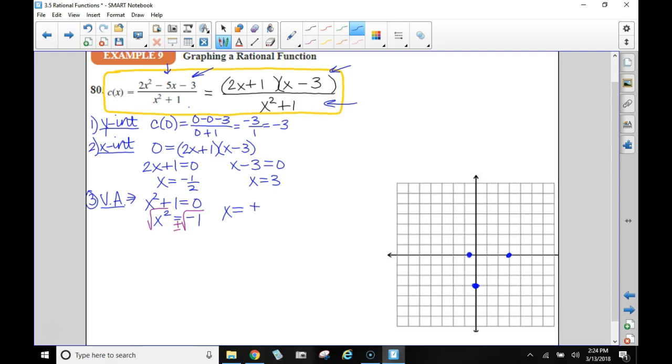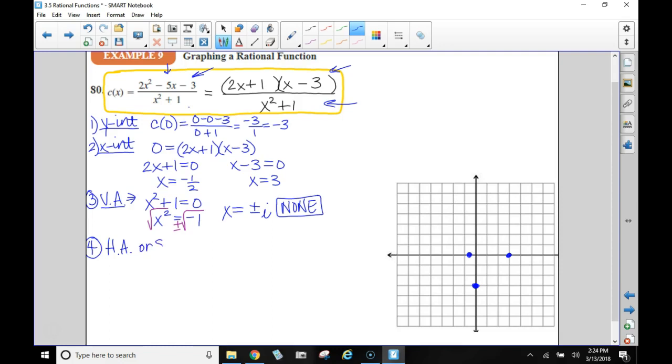X is equal to positive or negative i. No, that's not going to happen. We are going to have no vertical asymptotes. That can occur. All right? No vertical asymptotes.